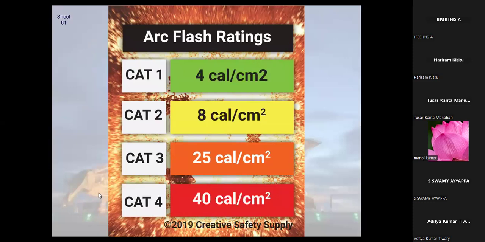So you can see category 1, 2, 3, and 4. For arc flash ratings, if you want to go for higher voltage and if the energy that may be released is more than or equal to 40 kilocalories per centimeter square, then you need to use for such a person category 4 type of dress. If not, for ordinary dress for LT lines, you can use category 1.